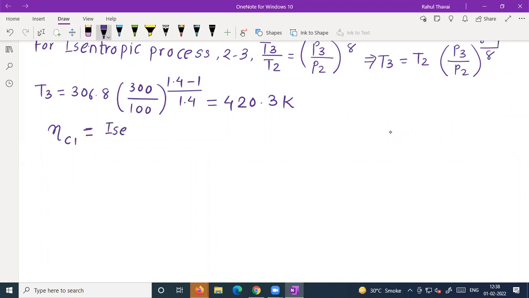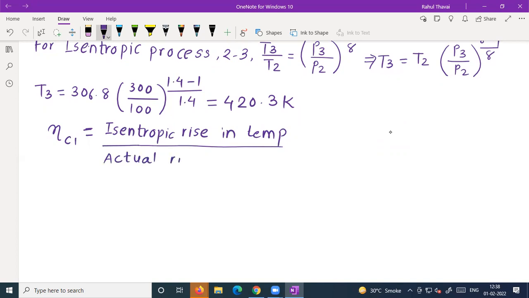It is the ratio of isentropic rise in the temperature to the actual rise in temperature.